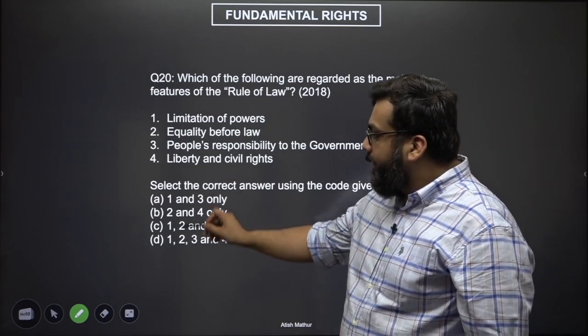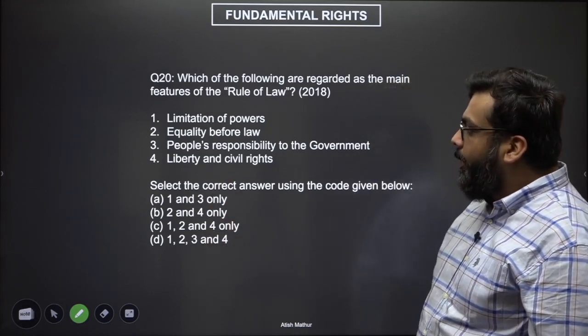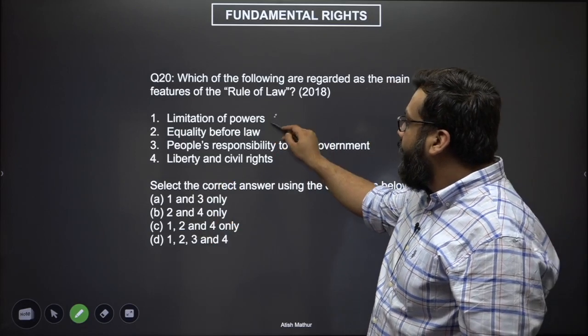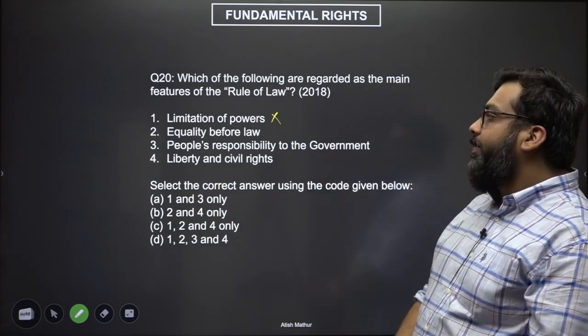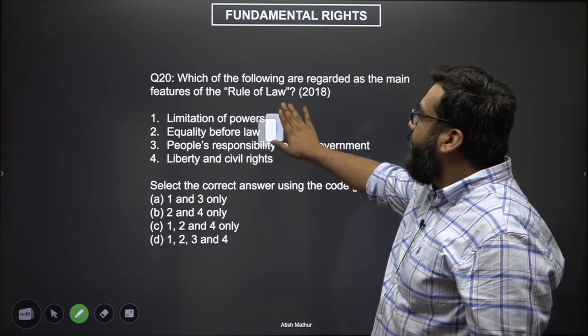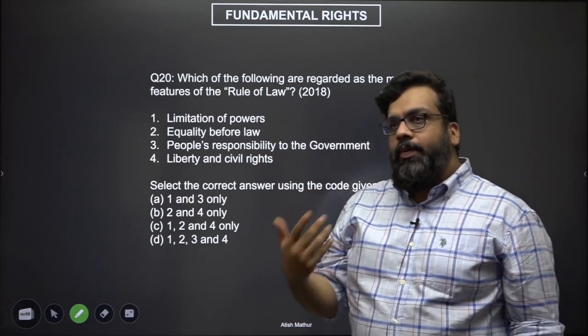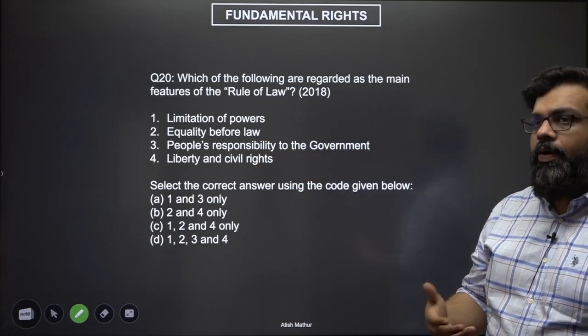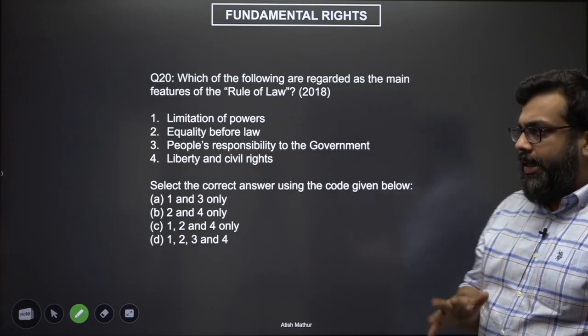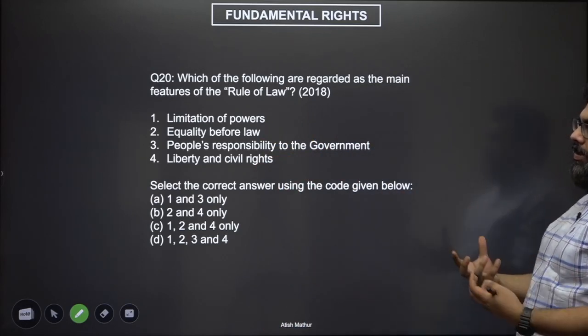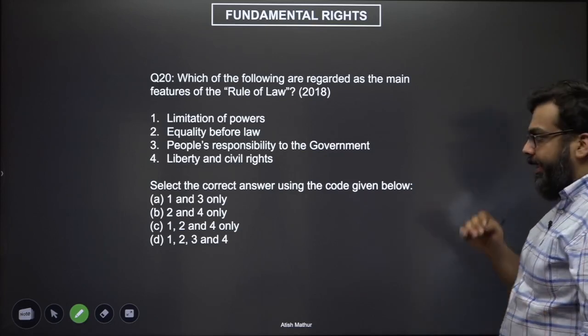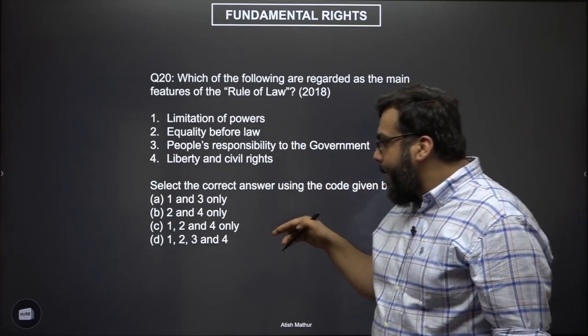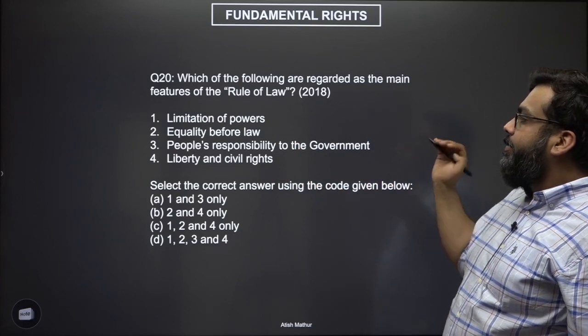1 is present in 3 options but not in one. Can we eliminate 1? No, we cannot eliminate 1. 1 is definitely correct because rule of law means equal protection of law, equality before law, absence of discretion, fairness of law, fairness of redressal, everything which means power originates from the law, right? Now, out of this, which seems very, very odd?